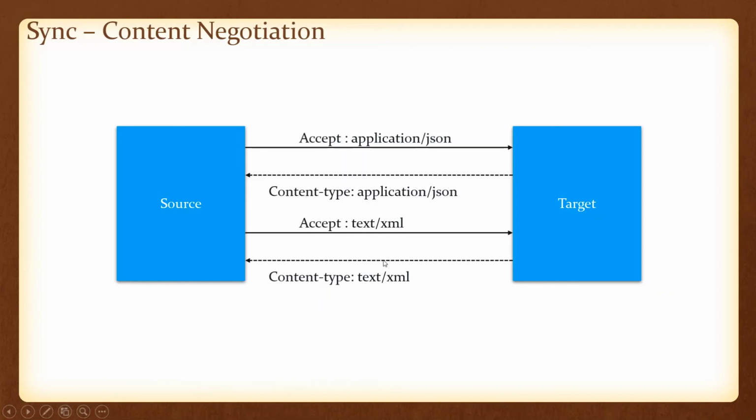So this is how we can implement a content negotiation pattern. In Mule, this feature doesn't come out of the box. We might have to evaluate the header using the choice router or DataWeave transform and accordingly return the response.